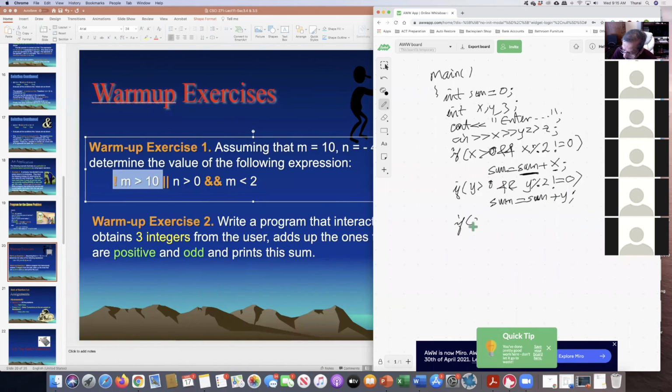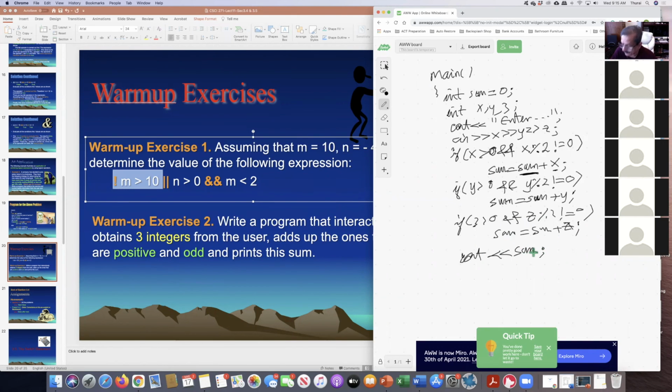Similarly, if z is greater than 0 and z modulus 2 not equal to 0, then sum equals sum plus z. So I did it for all three numbers. So only the numbers that qualify to be added will be added. So sum will be correct when this finishes. So I write out the sum at the end.